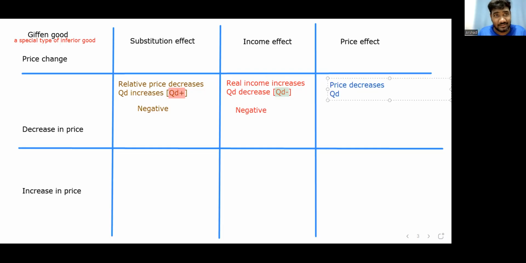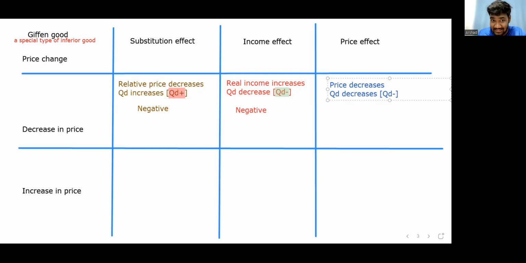What do you think happens? Does the QD increase? Does the QD decrease? Does it remain constant? If the price decreases, what happens? Here, when the price decreases, QD also decreases.